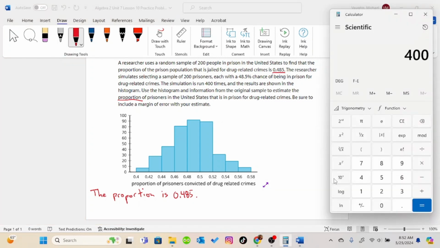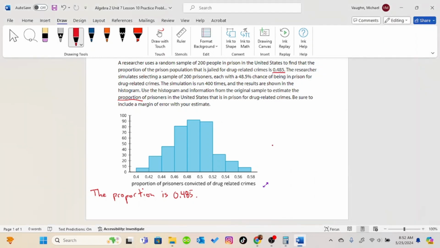So 400 simulations times 95% equals 380 results. So I want a large enough margin of error to get 380 results.